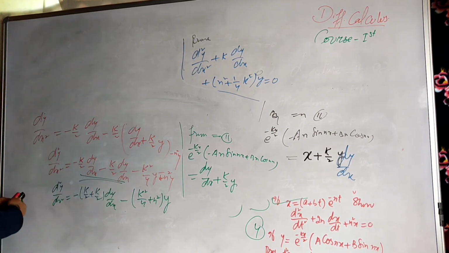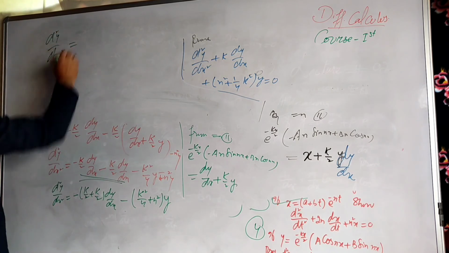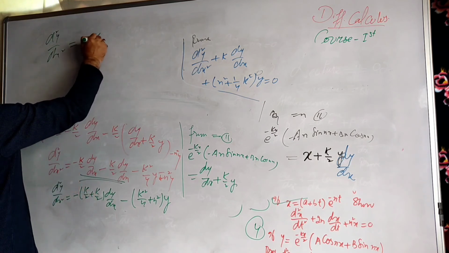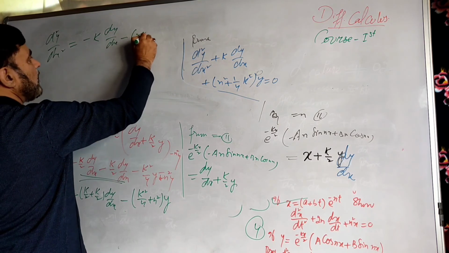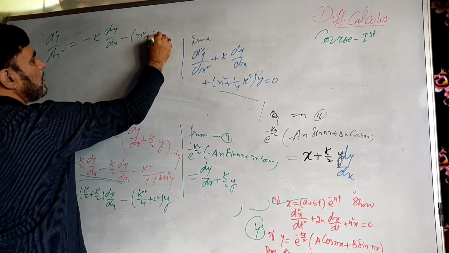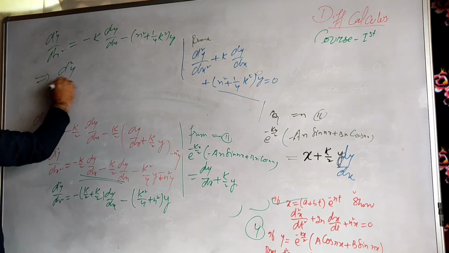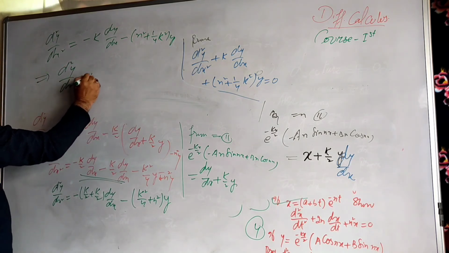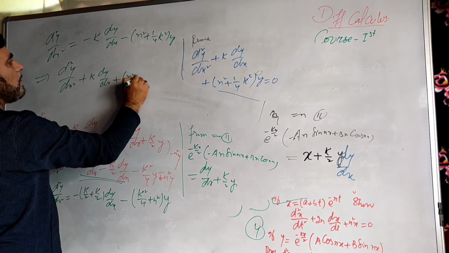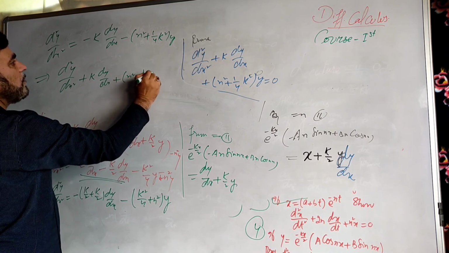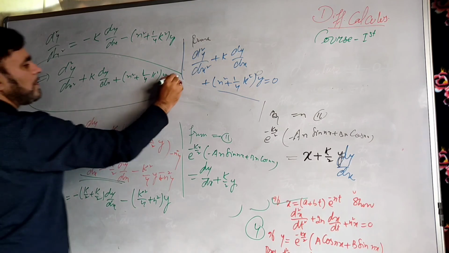You get now d2y by dx square is minus k times dy by dx minus n square plus 1 by 4 k square y. This is what you want to prove. d2y by dx square plus k dy by dx plus n square plus 1 by 4 k square y is 0. This is the result.